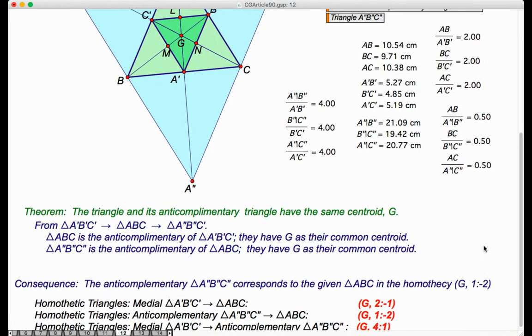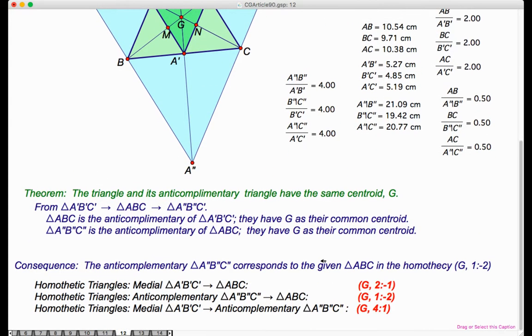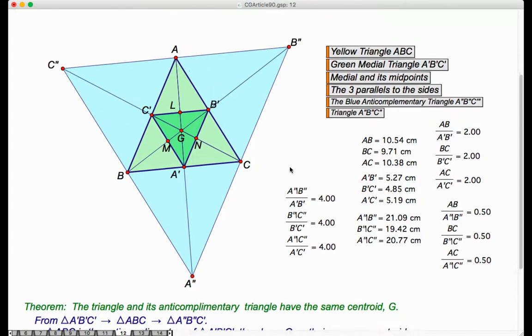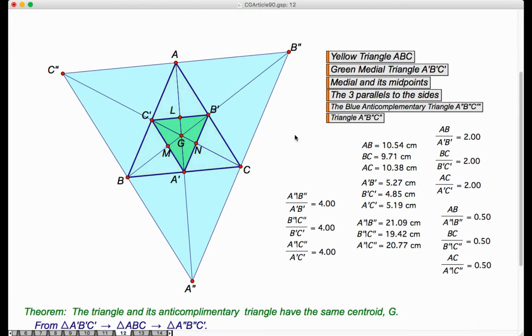Okay? Whereas if I consider A prime, the medial triangle, versus the anti-complementary one, so that means I will remove the yellow triangle, okay? And I will only consider the smaller triangle here compared to the big triangle here. So I will hide this and hide this.